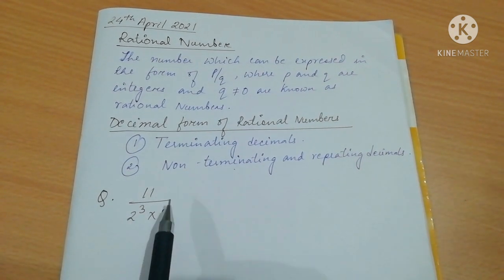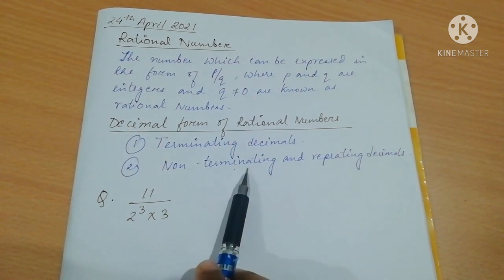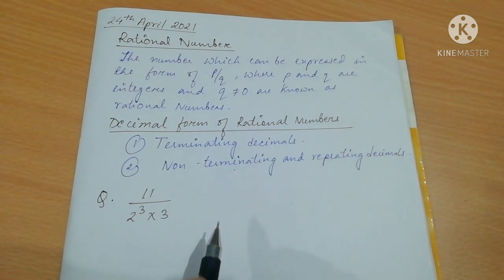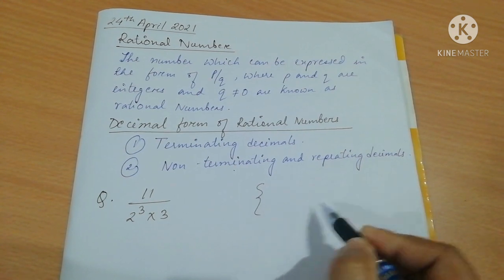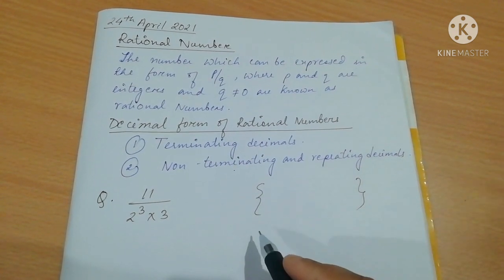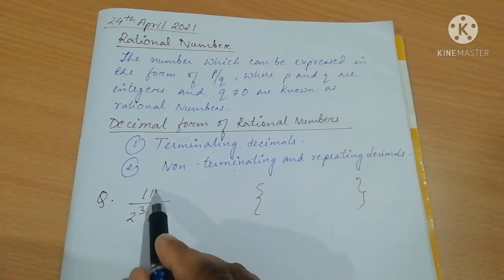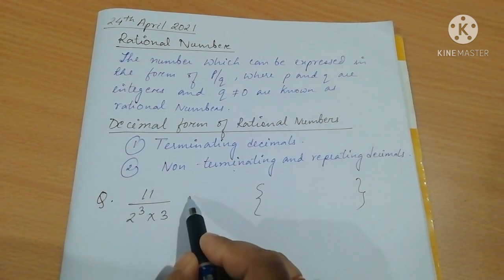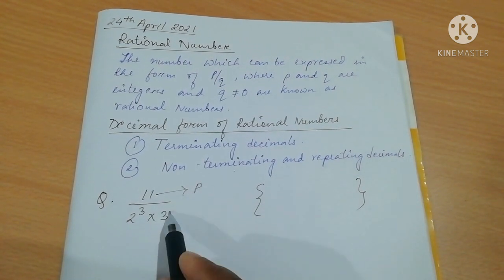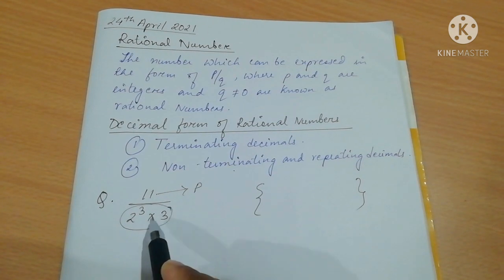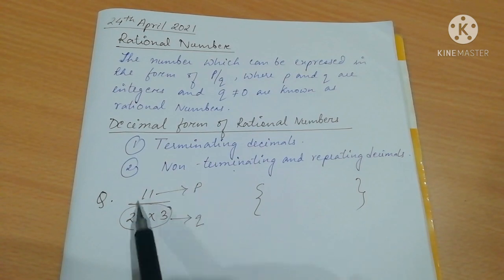A simple thing you need to know is that a rational number is in the form p by q. In this case 11 is p, and 2 to the power 3 into 3 is q.